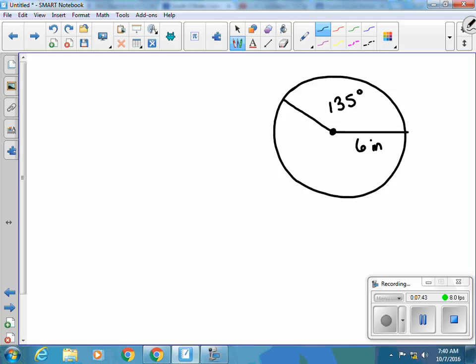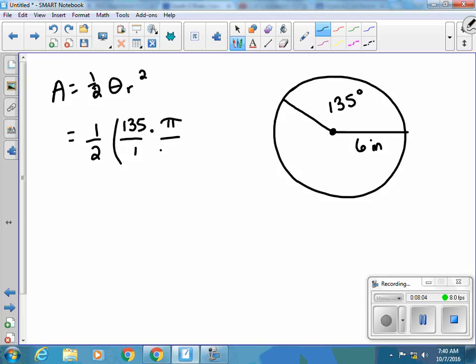So now my pizza's gotten bigger. So my area formula is still 1/2 theta r squared. So I've got 1/2. I'm going to have to convert that 135, so I've got 135 times pi over 180. And then my radius is 6 squared.